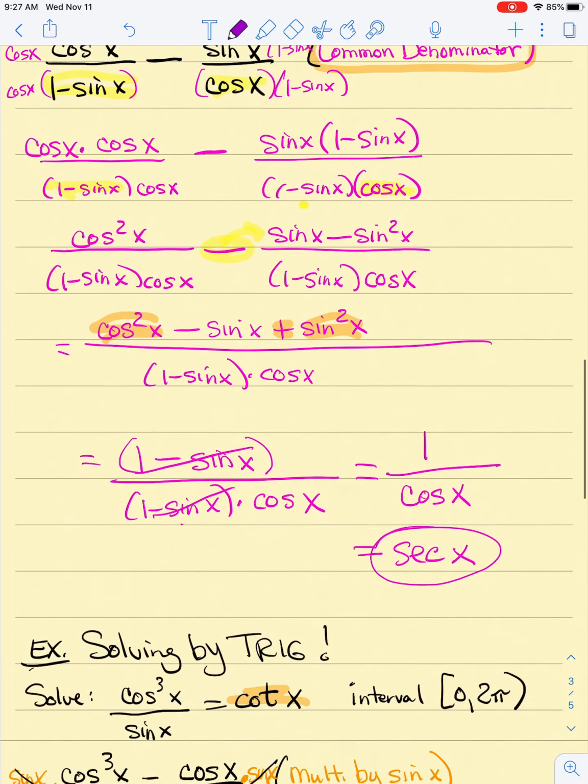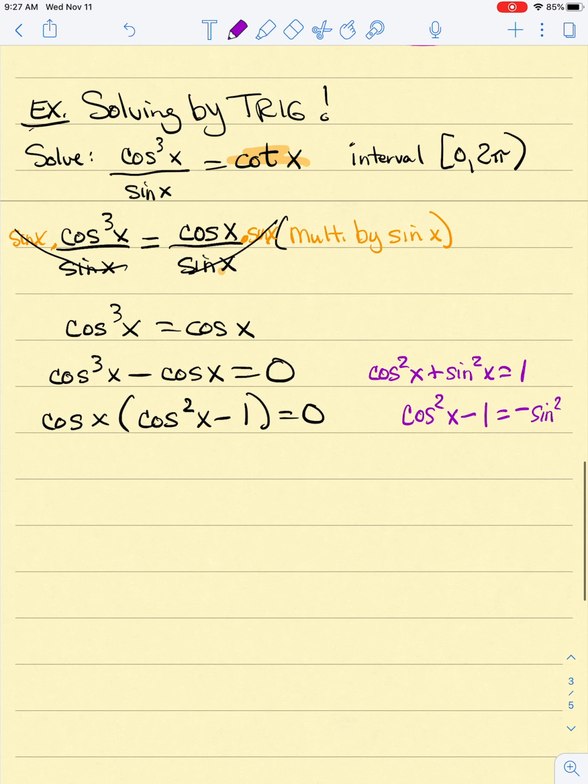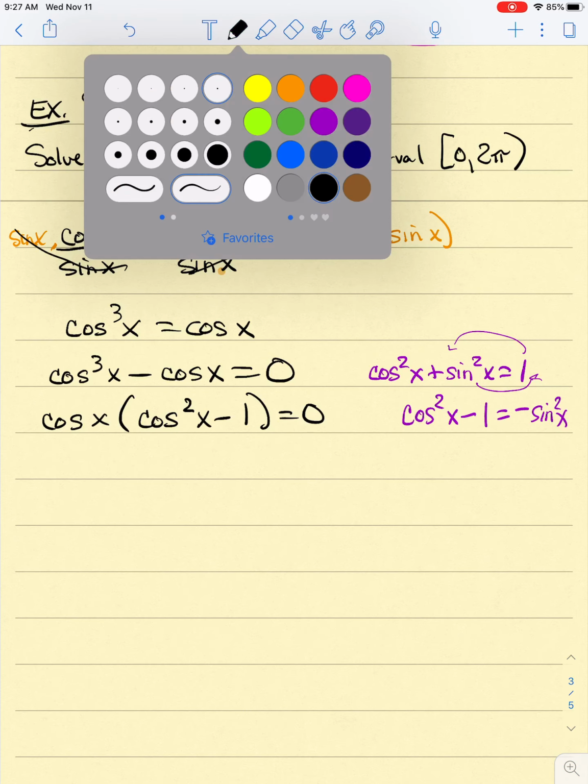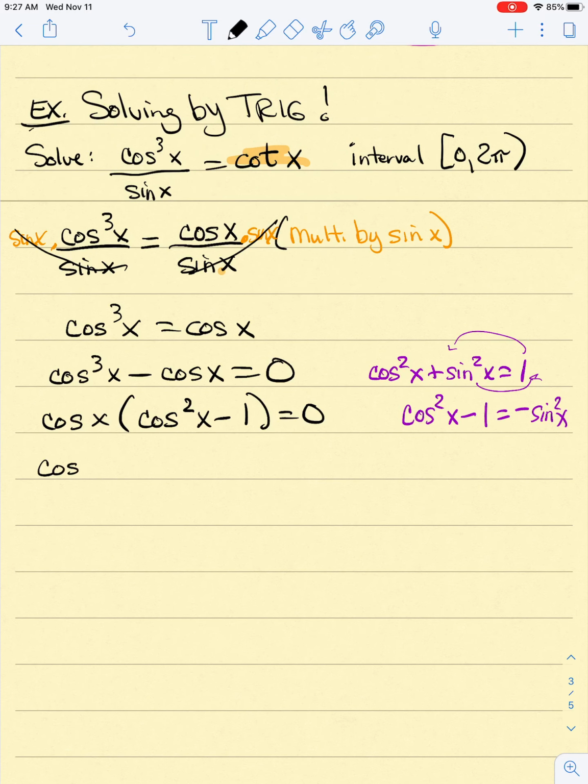Whoops, sorry about that. Okay, so in other words, if I subtract 1 and subtract sine squared x, we can reorganize that identity. Knowing that, we can now say this is cosine x times negative sine squared x. I'm doing a substitution right here from what we figured out on the right side there.